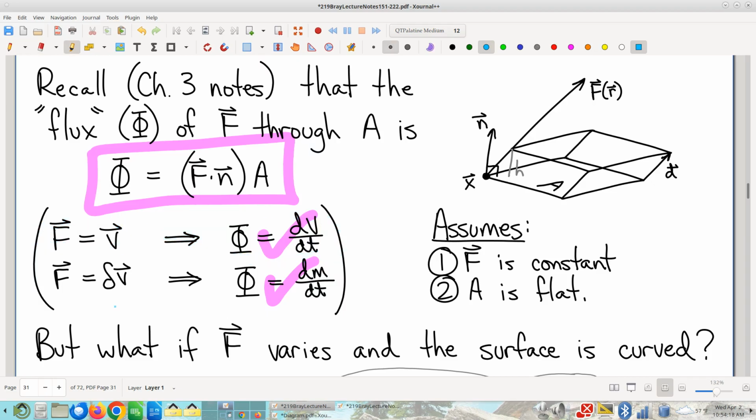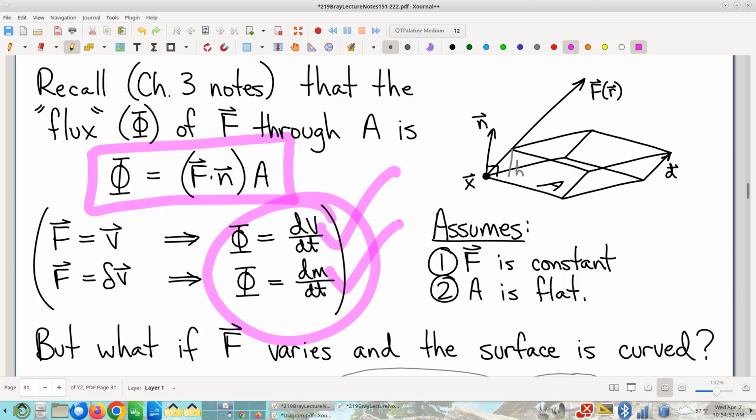On the other hand, if your vector field is density times velocity, this was a suggested calculation I encourage y'all to do back in chapter 3, in that case, flux gives you not volume, but mass per unit time passing through your surface. Okay, so neat thing, flux is a really natural thing to talk about. It has natural physical interpretations, and you can have either one of these interpretations you want. Just make sure that you set up your vector field appropriately to get that.